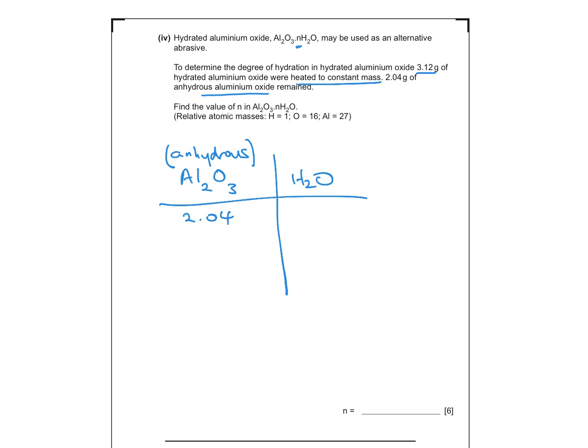So we can work out the mass of the water. That's going to be 3.12, which is the hydrated aluminium oxide, and we subtract the 2.04. That's the anhydrous. So the difference here is going to be caused by the water of crystallization. So that equals 1.08.